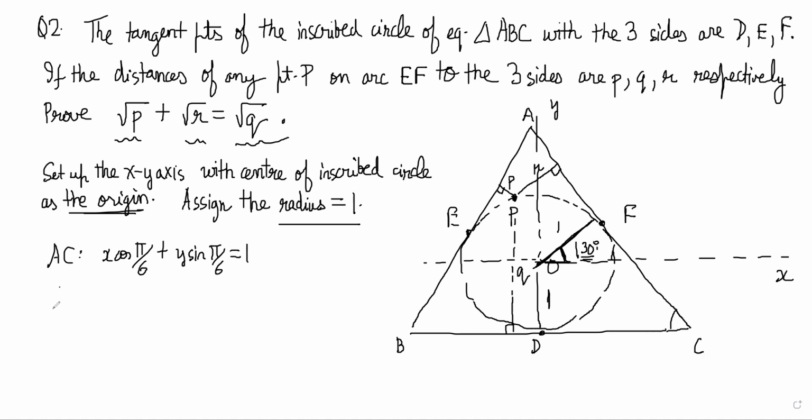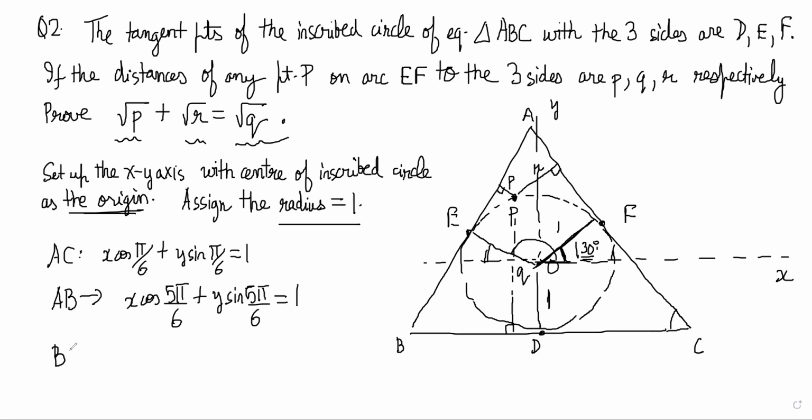And similarly, the equation of AB will come out to be what? Now AB would be this line. So the total angle here from the center is 150 degrees. So 5 pi by 6, x cos 5 pi by 6 plus y sin 5 pi by 6 equal to 1.